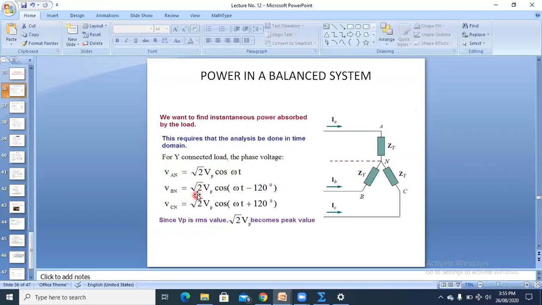In a positive sequence, we have VBN at minus 120 degrees and VCN at minus 240 degrees, and we convert it into a positive angle by adding 360 degrees, which gives 120 degrees. So these are the phase voltages of the Y network.